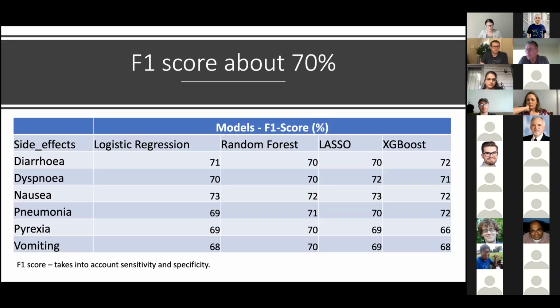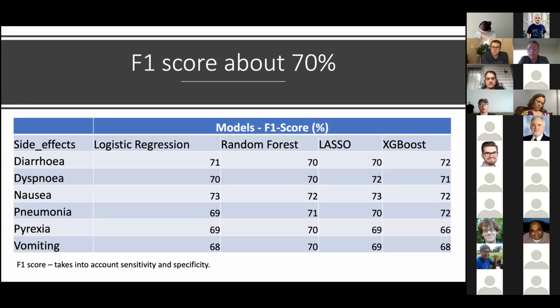The F1 score takes into account both sensitivity and specificity, that is, true positive, false positive, true negative, and false negative. It's actually a harmonic mean of sensitivity and specificity.